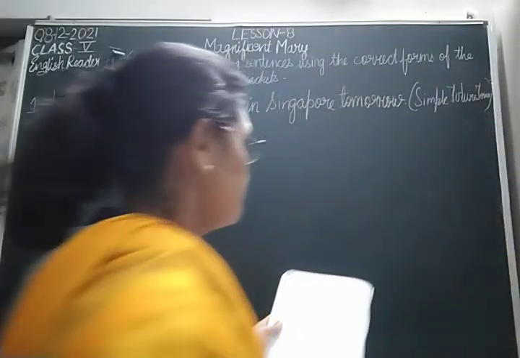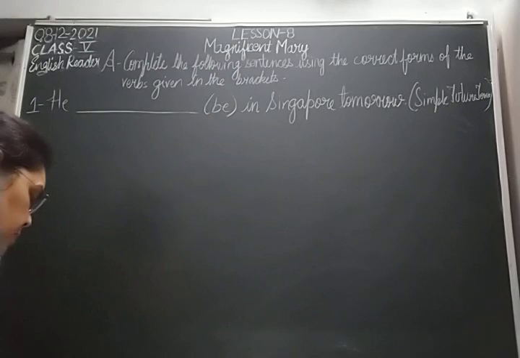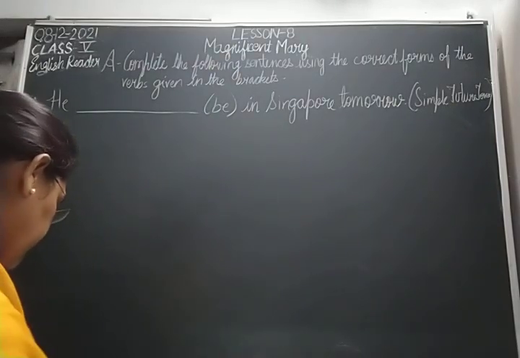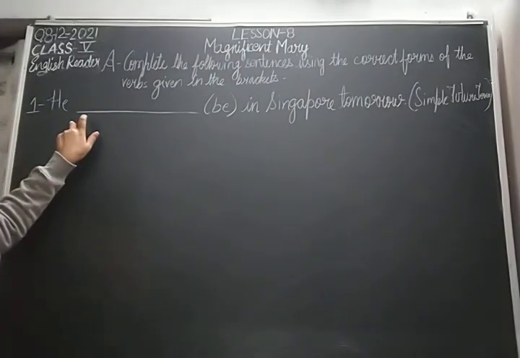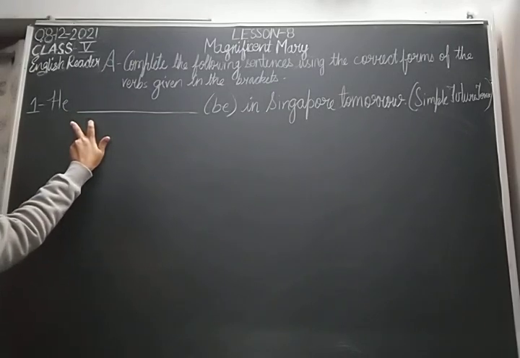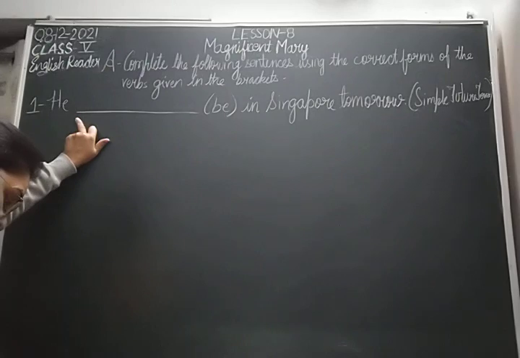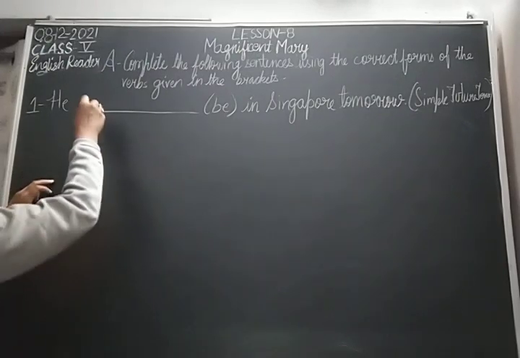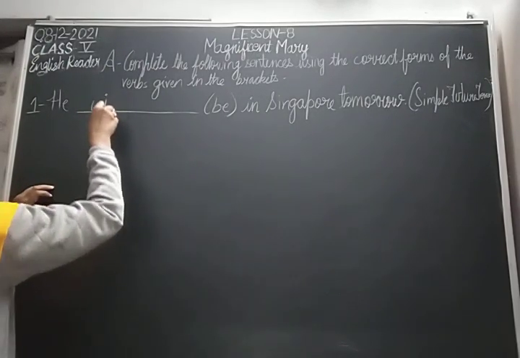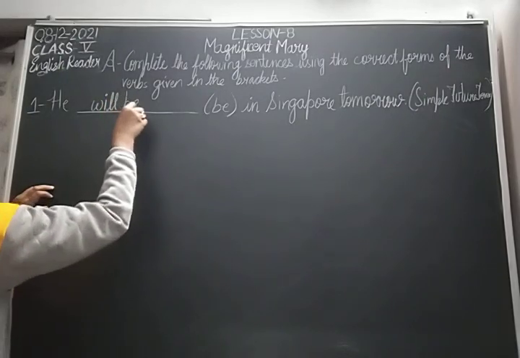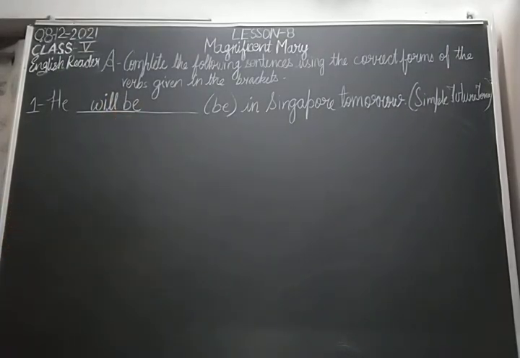That means we need to fill in the blank with simple future tense. So, as per the formula of simple future tense, we use will be. So, he will be in Singapore tomorrow. Right? Will be in the first blank.